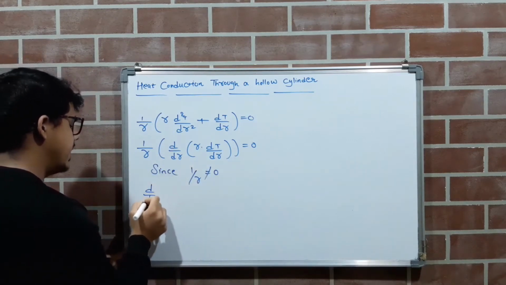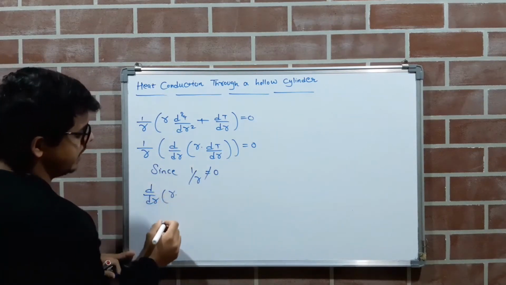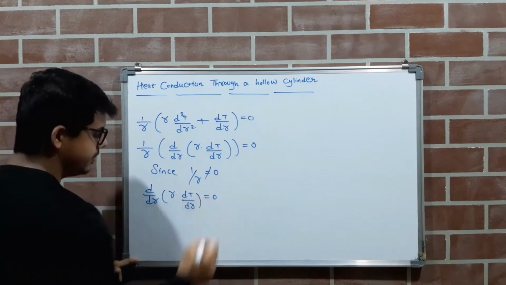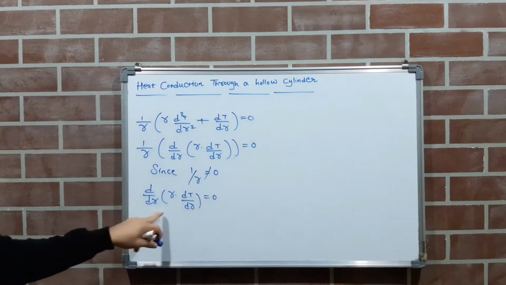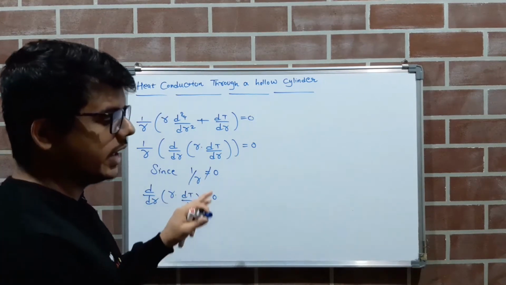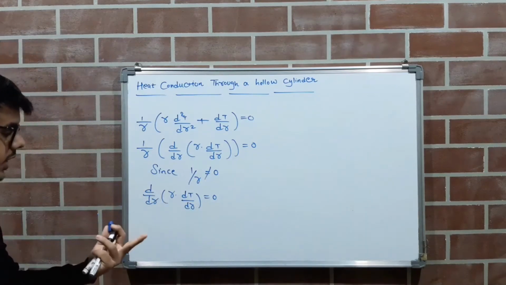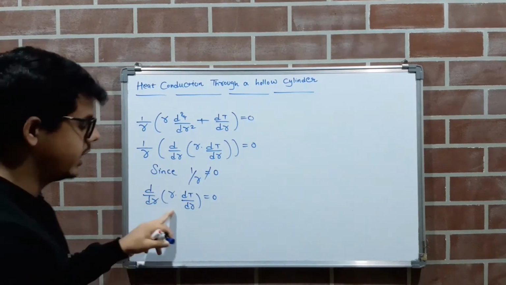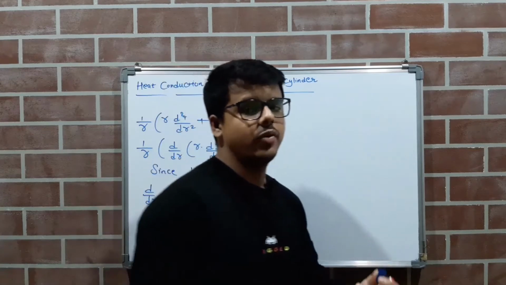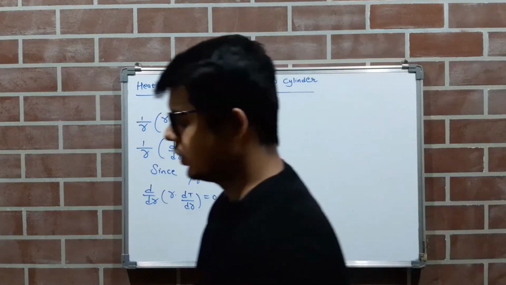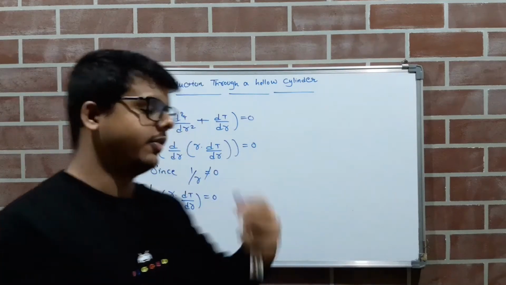So d by dr of r into dT upon dr equals 0. We are getting the derivative of a function as 0. Which type of function gives 0 on differentiating? That function must be a constant function.